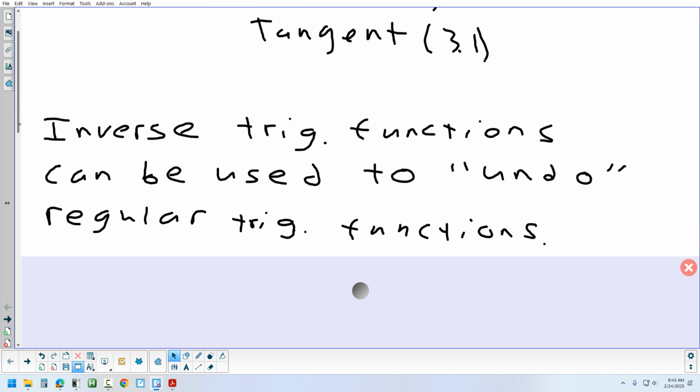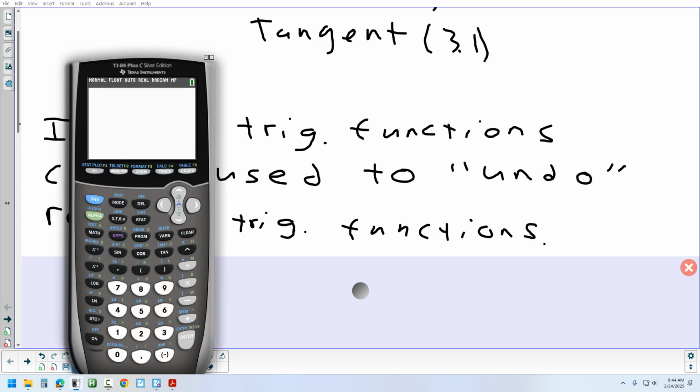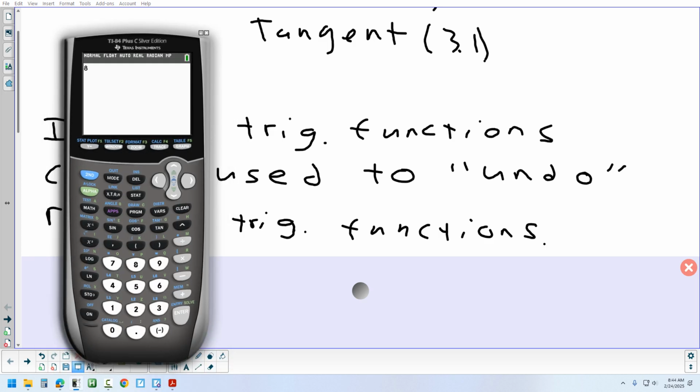The idea of inverse trig is that it gives you a way to undo or reverse what we did last week. Usually when we do something in math, there's always a way to undo it, unlike real life. For example, if we take 8 and double it, we can undo that by taking half of it, and it gives us back what we started with.